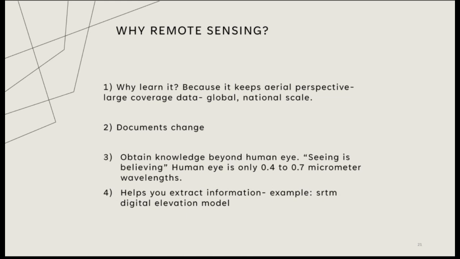So why remote sensing? Data can be obtained through remote sensing. You can collect information for a very wide area. The second reason is that it gives a good documentation of change. I talked about the different orbits of the satellites, and that helps to support different amounts and frequencies of change over time.